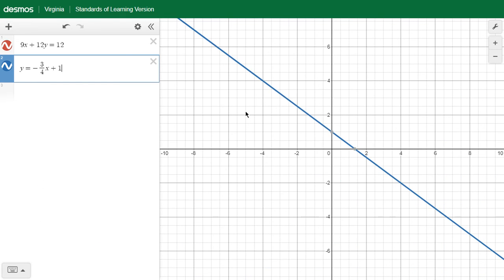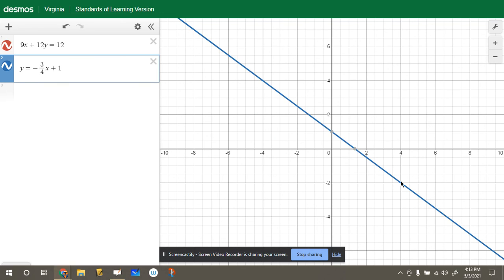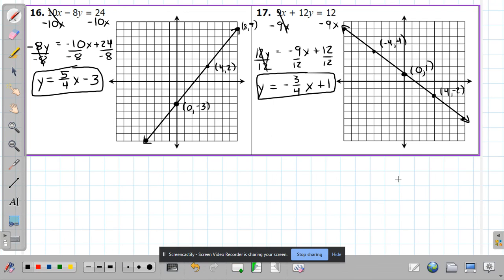If you really had to make sure you had the right line, go through. Well, there's negative 4, 4. Here's the point 0, 1. Here's the point 4, negative 2. Okay. But like I said, just check and make sure your points are correct. If you do that, then you should be able to graph it correctly.